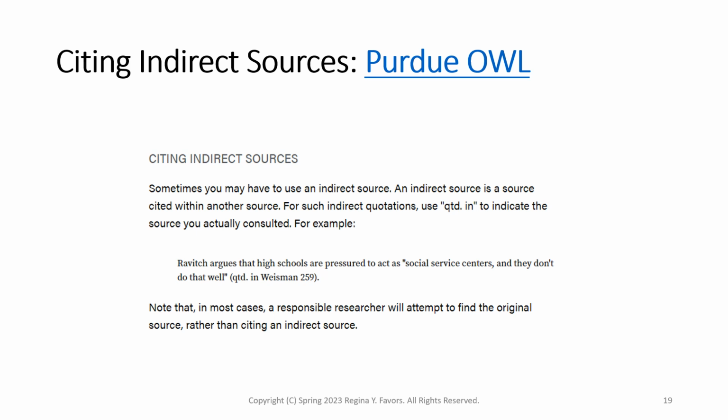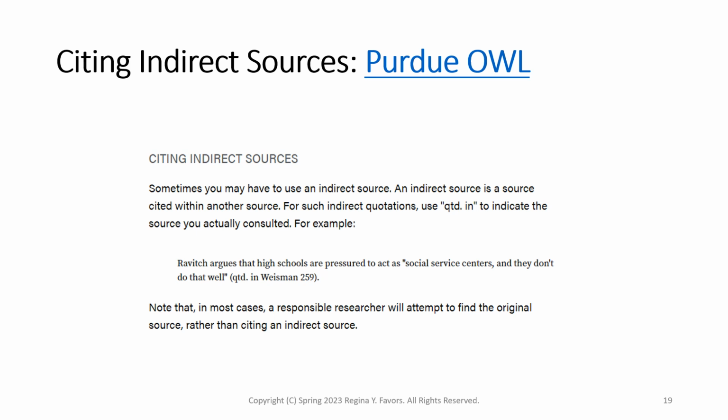Sometimes you may have to use an indirect source. An indirect source is a source cited within another source. For such indirect quotations, use "quoted in" to indicate the source you actually consulted. For example, Ravitch argues that high schools are pressured to act as social service centers, and they don't do that well.